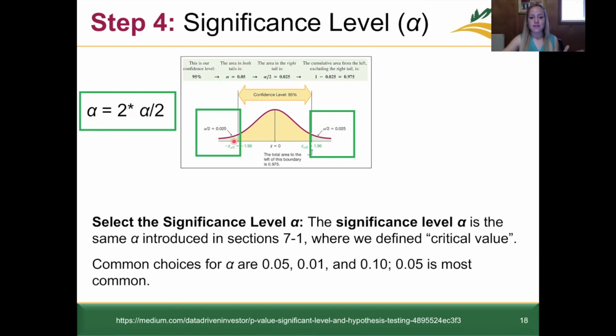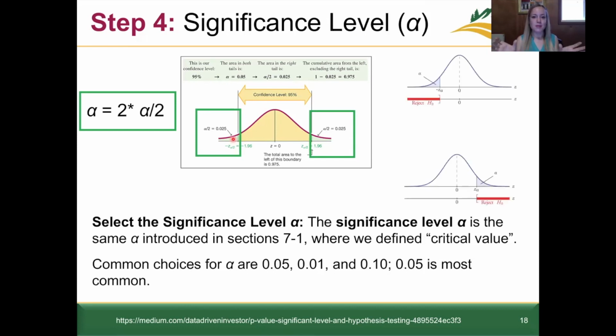Now in chapter 7, we saw that alpha was split up. We took alpha over 2 on the left tail of the distribution and on the right tail of the distribution. Well, what you'll see is that alpha isn't always split up like that. It's not always alpha over 2 over here and alpha over 2 over here. Sometimes alpha is all together in one concentrated area under the curve.